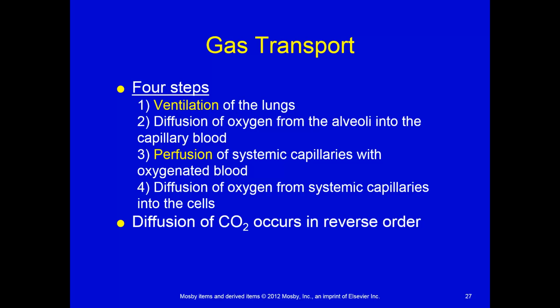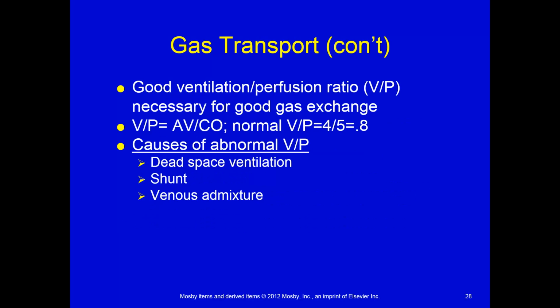We're going to tie it all together with a bow at the end of class. If you've got any problem with either the respiratory or the cardiovascular side of things, we're talking about a ventilation-perfusion mismatch. Ta-da. So a good ventilation-perfusion ratio, V versus P, is necessary for good gas exchange.